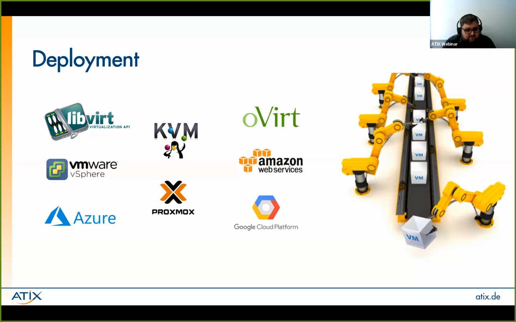And in order to do that, you can use, of course, the tools available to you from your environment. You might perhaps have some virtualization environments like oVirt or KVM, or you might use vSphere. We'll see this later.